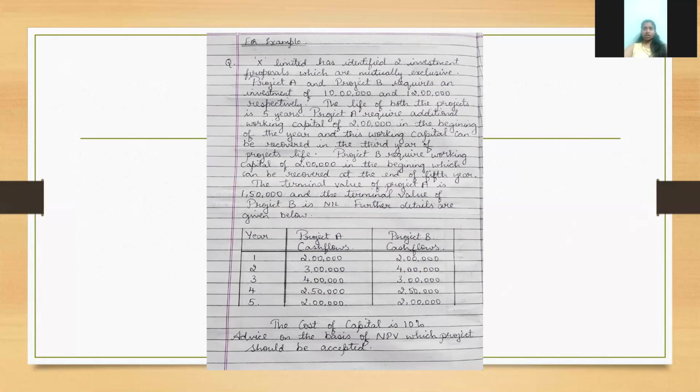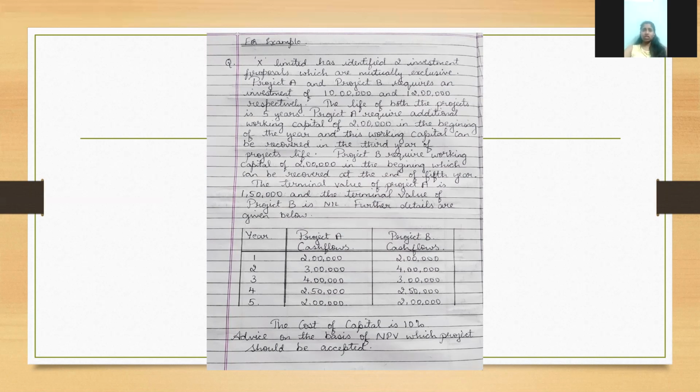Project A requires additional working capital of 2 lakhs in the beginning of the year, and this working capital can be recovered in the third year of the project's life. And Project B requires working capital of 2 lakhs in the beginning, which can be recovered at the end of the 5th year. The terminal value of Project A is 1,50,000 and the terminal value of Project B is nil. Further, the details of cash flows for each project are given.